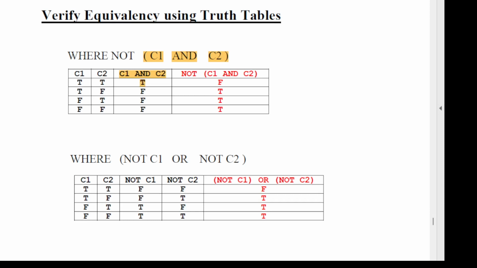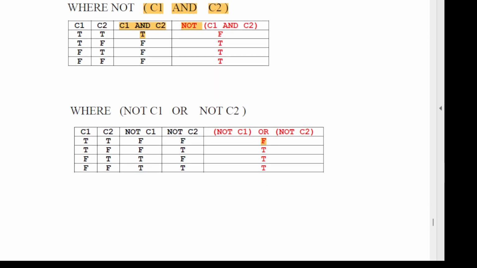So it's true, false, false, false. And when I put a not in front of that, it's false, true, true, true. Now, if I get the same false, true, true, true, when I do the second condition, then they must be equivalent. So let's take a look at the second one.